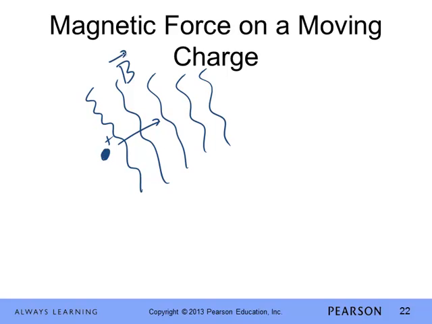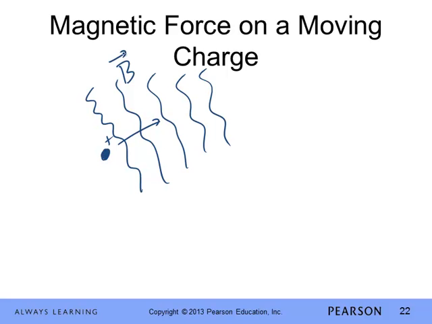Well, there's going to be a force that's then applied to the particle that is dependent on the direction of travel by that particle, as well as the strength and direction of that magnetic field.